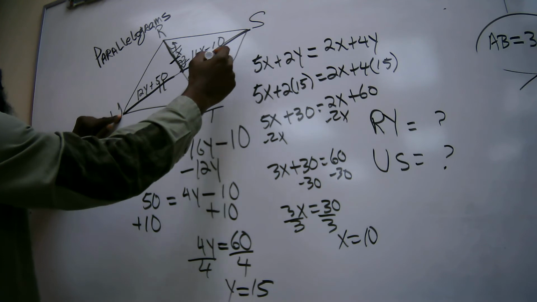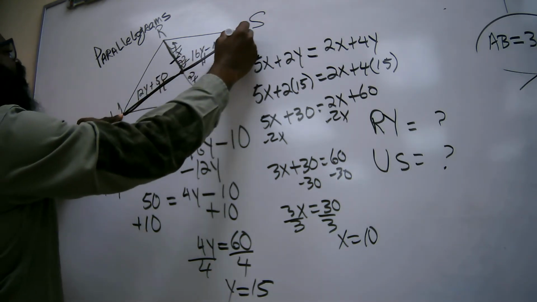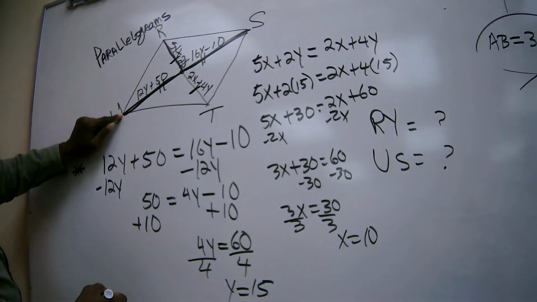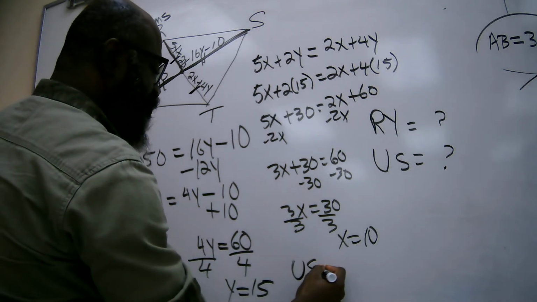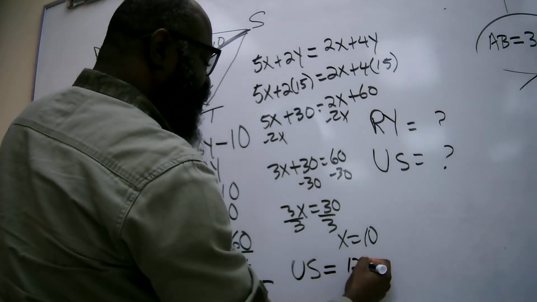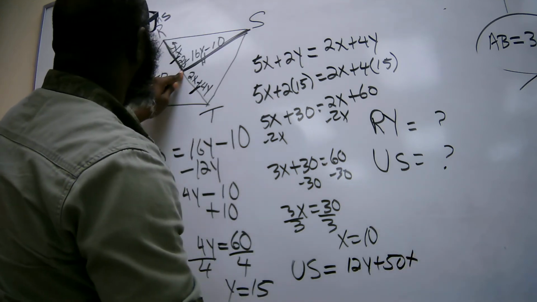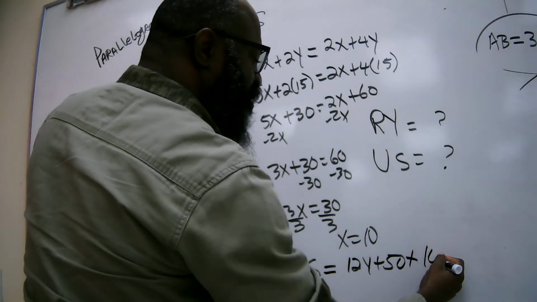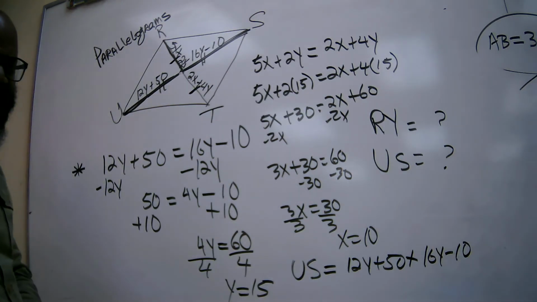There you go, US. In order to find US, it is from here to there and here to there. So US will be 12y plus 50 plus 16y minus 10. So let's simplify that.